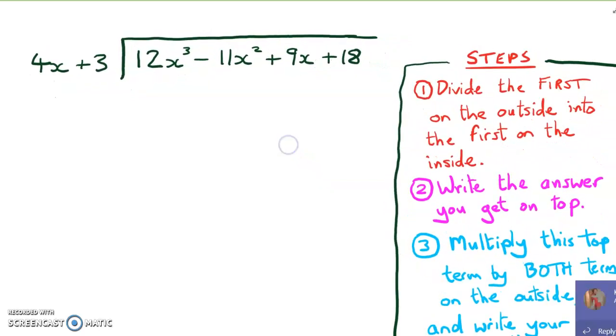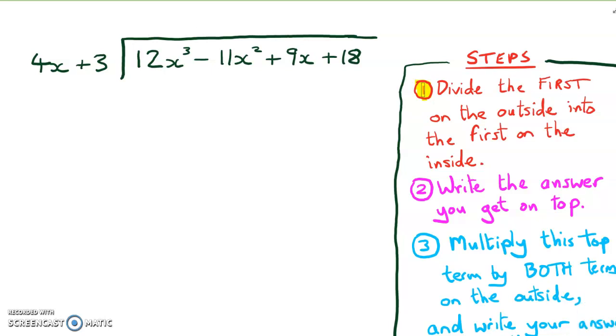So let's just zoom out a little bit and see what the first step is. It says divide the first on the outside into the first on the inside.